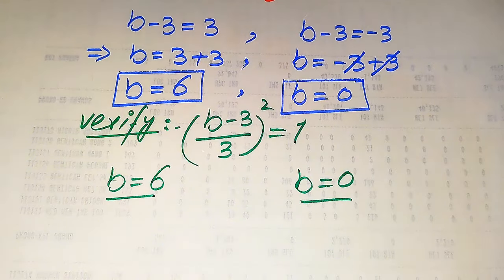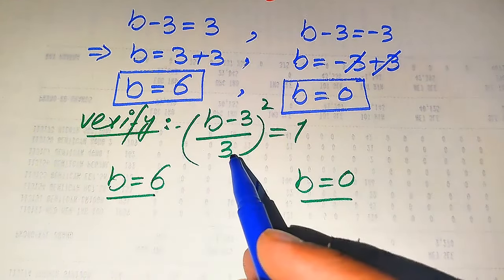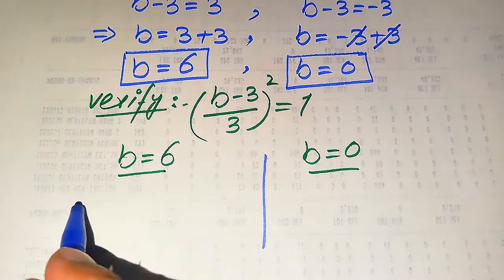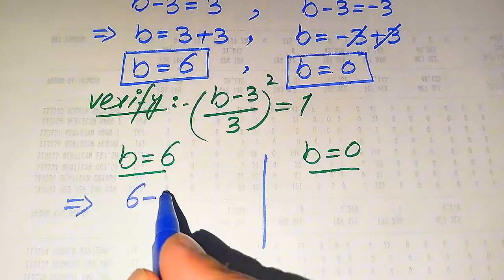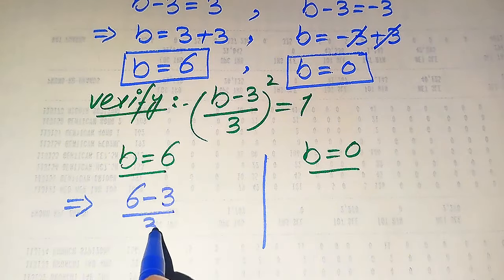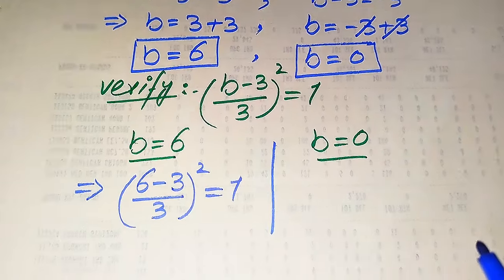So in order to verify this value of b, we substitute b is equal to 6 into the left hand side of this equation, and after substituting this value it becomes ((6 minus 3) divided by 3) whole square is equal to 1.